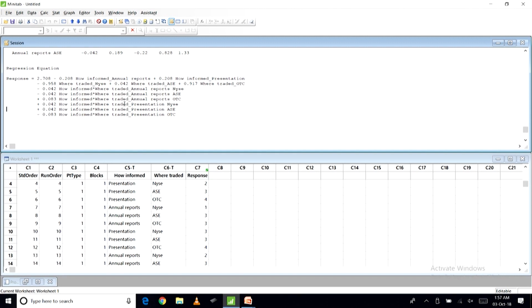So, this is your constant term, it is 2.70. So, how stockholders are informed, whether it is through annual report or through presentation, and where it is traded. So, this is a complete multiple regression equation. We will not see this at this point in time.